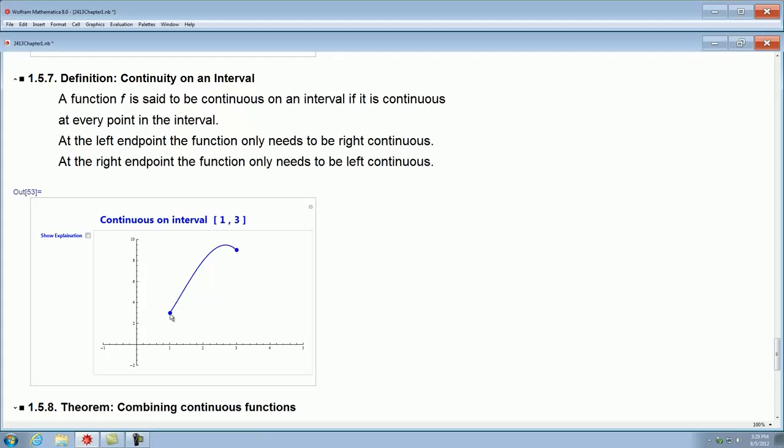So I'm right continuous here, I'm left continuous here, and it's nice and continuous on the inside, so it's continuous on the entire interval. Here's my right continuity at 1, here's my left continuity at 3, and of course it's continuous all on the inside just because of the picture.